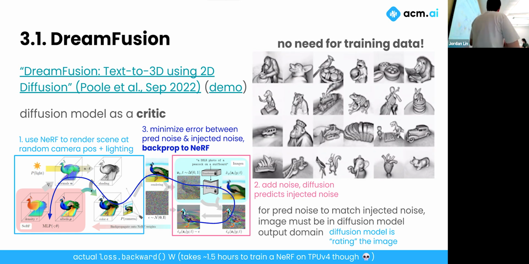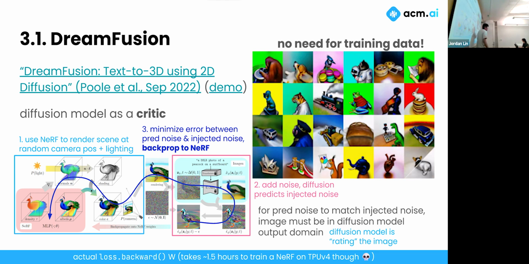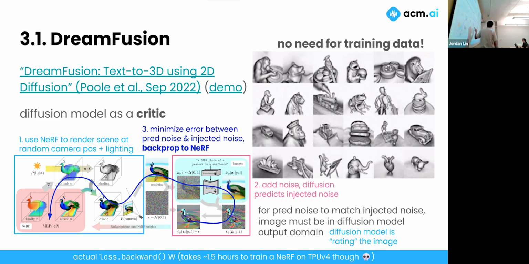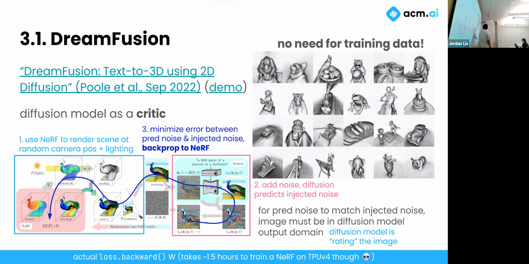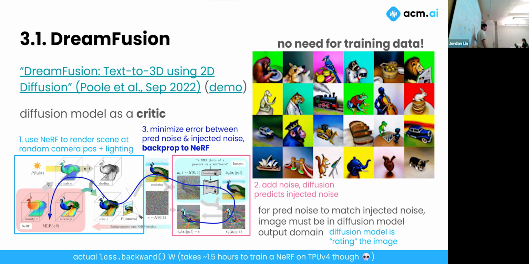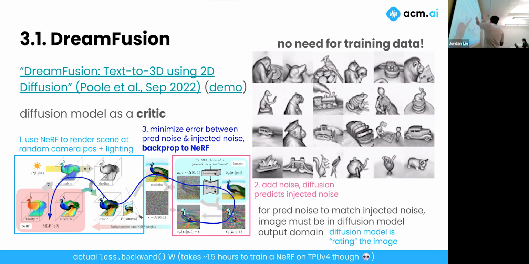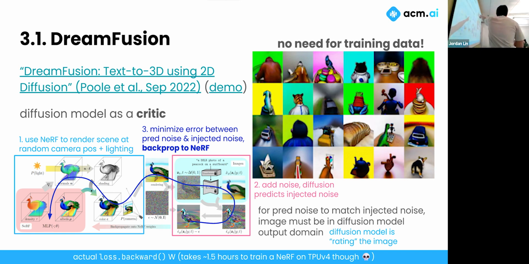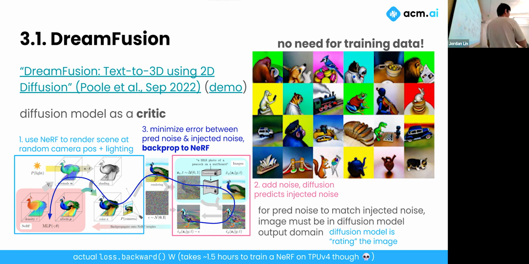And an intuition behind why this is the case is, for our predicted noise to match the injected noise that we added here, the image that we captured here must be in the diffusion model's output domain, according to our text prompt. So what the diffusion model is doing, it's really a critic. It's saying, hey, in order for my prediction to be right, here's the direction you should go in.